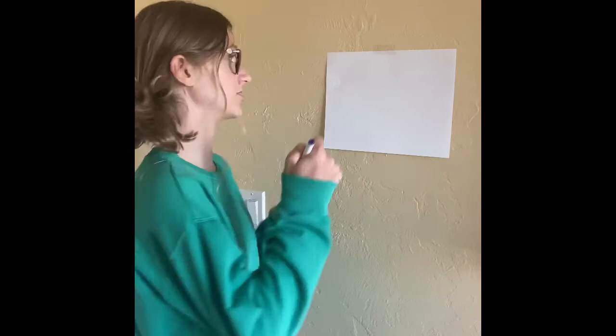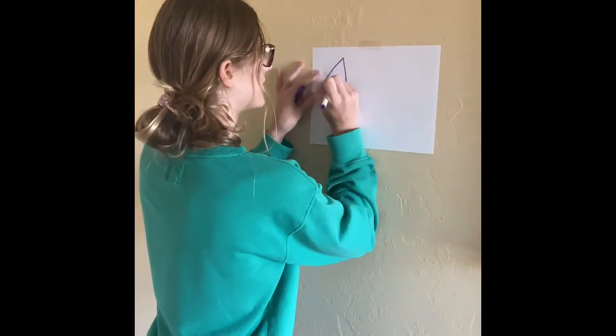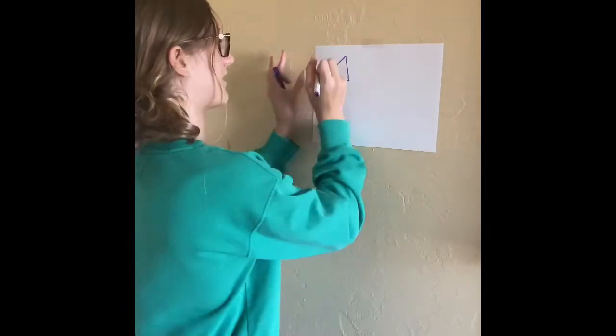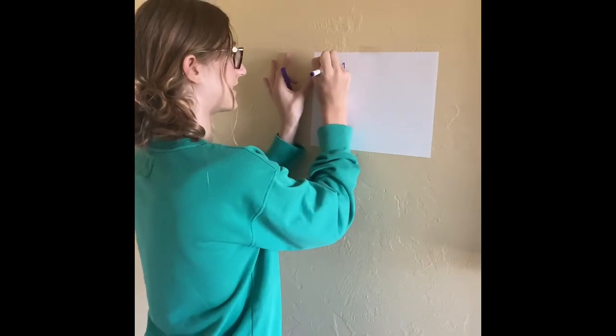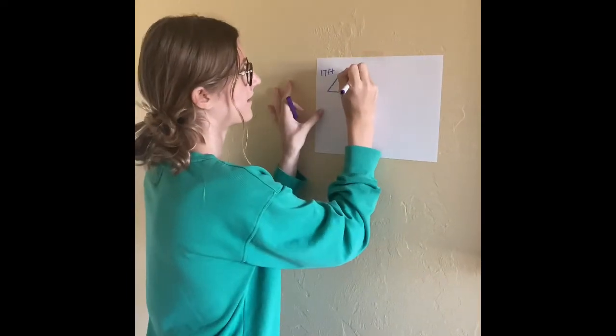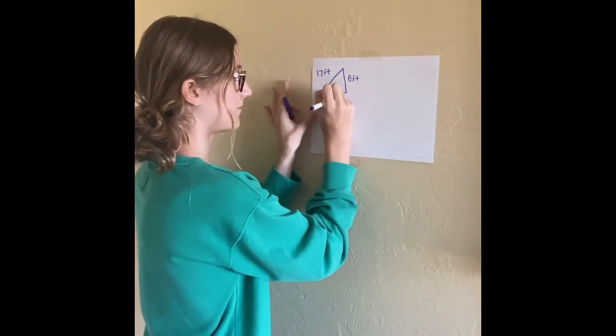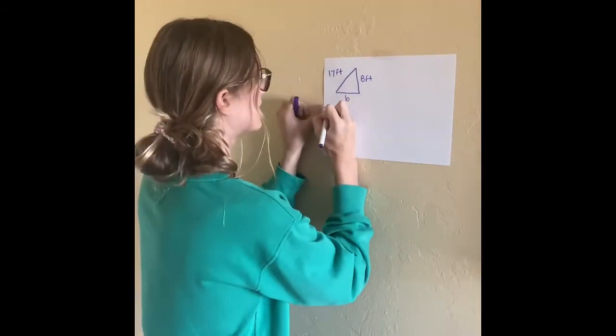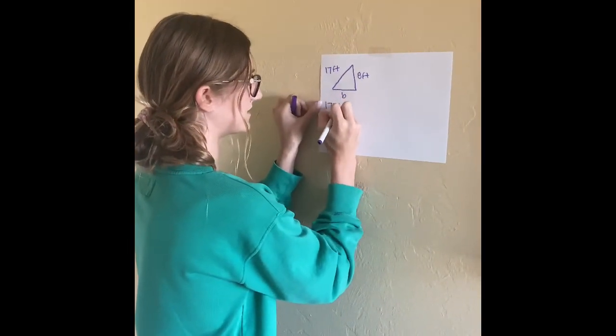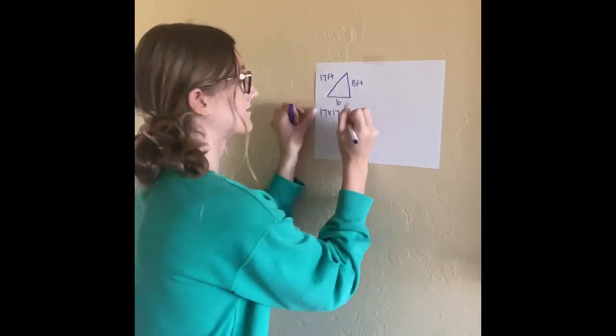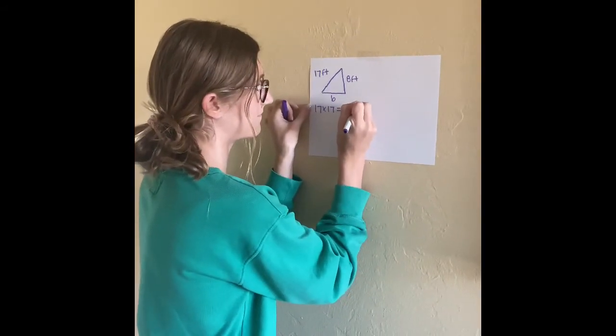I'm going to give you guys one more example of how to solve a B equation. This example is going to be a little more complicated. First we're going to write 17 feet, 8 feet, and B, so we're going to subtract this. First we're going to do 17 times 17, which would give us 289.